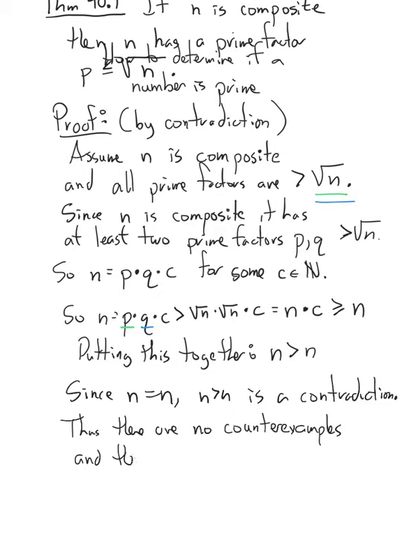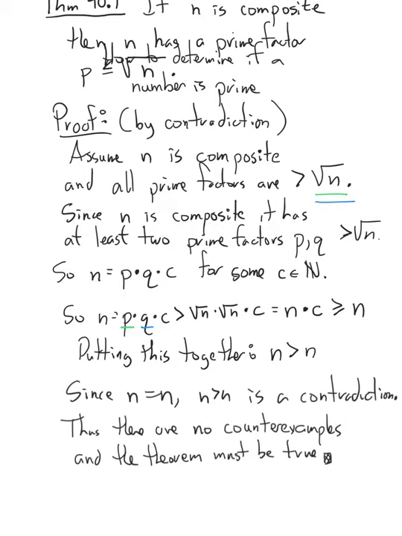And the theorem must be true. So we've shown it. If it has no prime factors less than or equal to the square root of the number, then the world blows up. We get that n is greater than itself, which makes absolutely no sense.